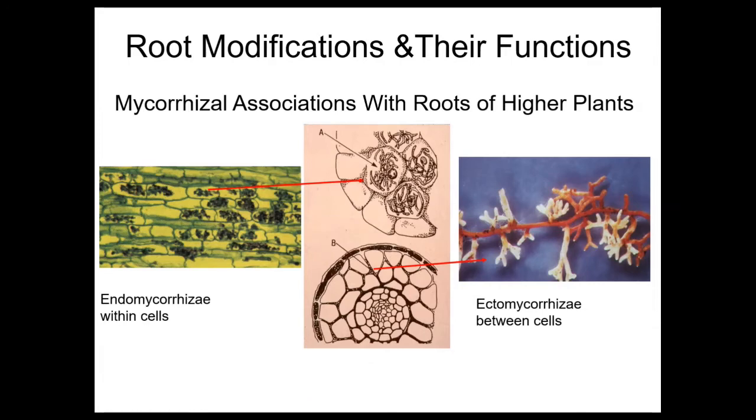But symbiosis is defined as the living together of two entirely different kinds of organisms, whether or not the nature of that relationship can be explained by adjectives that precede the word symbiosis. What you're looking at here is mycorrhizal associations of roots of higher plants with fungi, and it's called mutualistic symbiosis. And it's described with two plus symbols, a plus for the fungus and a plus for the plant.